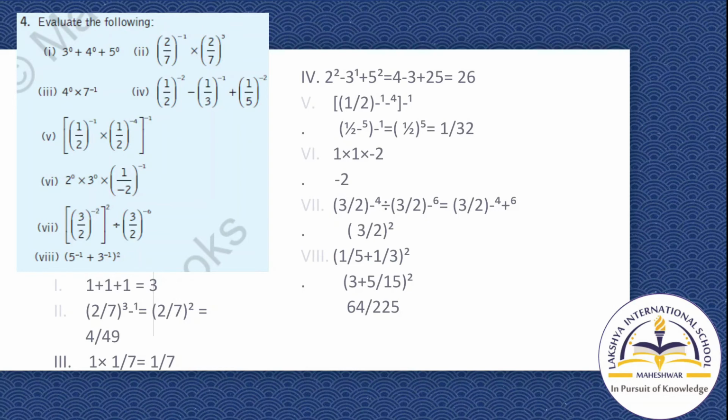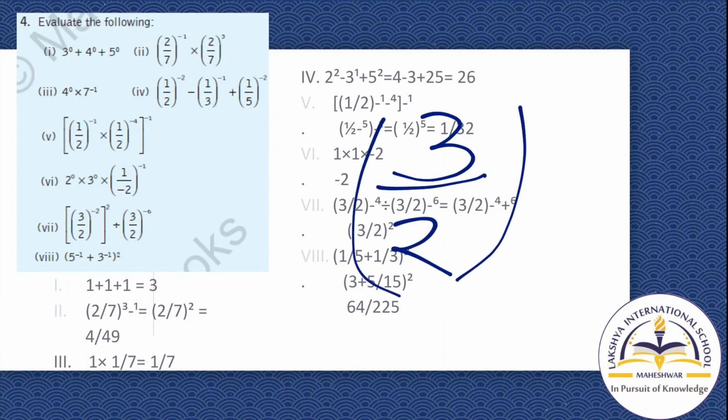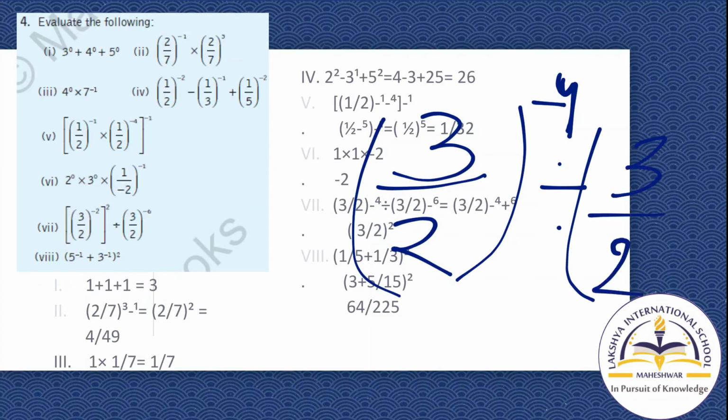Now you have to solve 4th, 5th, 6th question. I will explain you a question. 3 by 2, you can see minus 2 and then 2. So 2 twos are 4. The power will be minus 4 because the minus sign is there. Now divide (3/2) raised to minus 6.